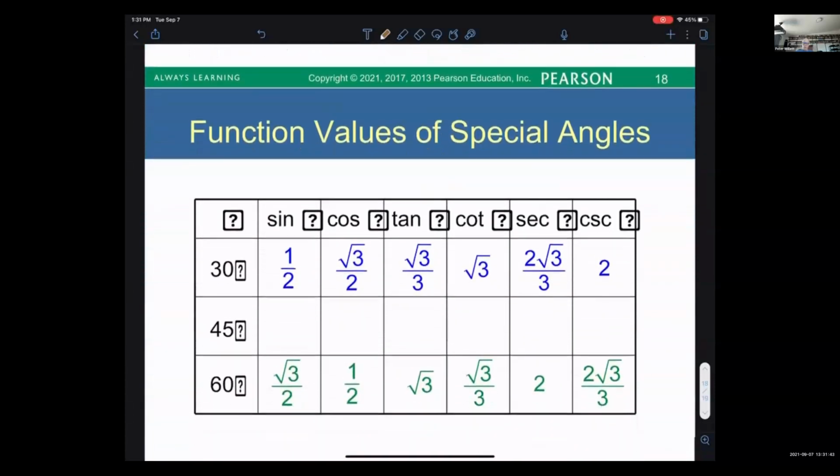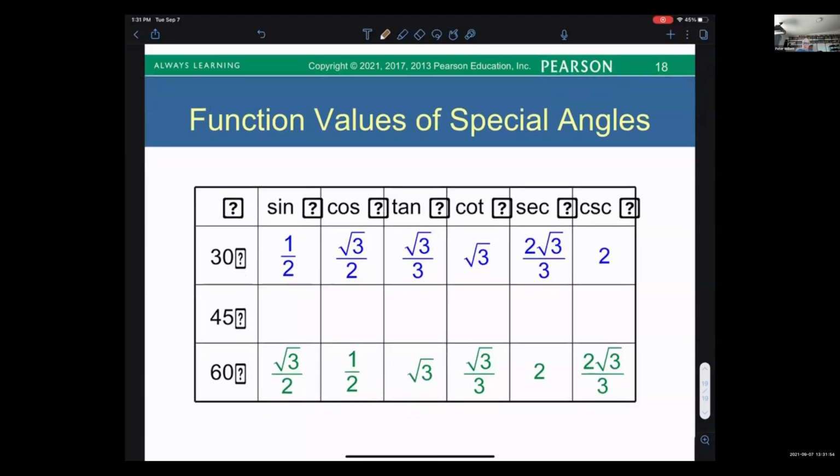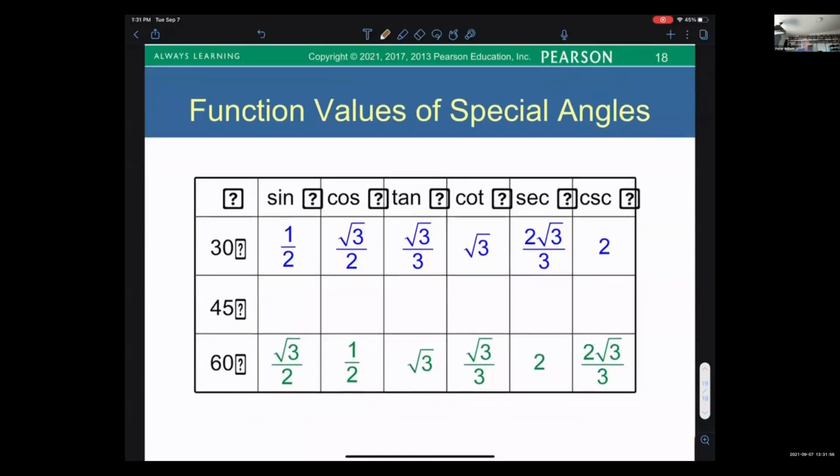So we now put all this information together and we make a function values table of these key angles. The angles we're going to want to imagine that we could come up with pretty quickly. And quite honestly, usually by the end of the class, all students who are still there have memorized all these.